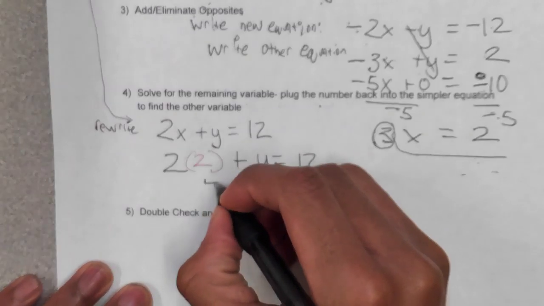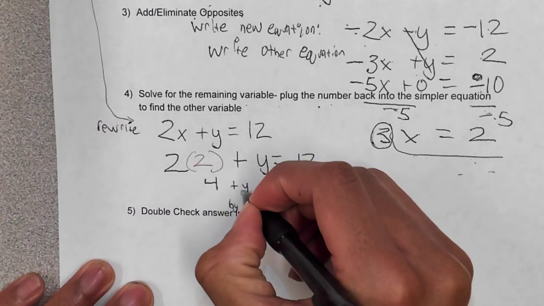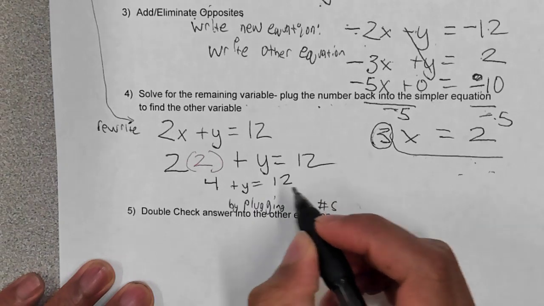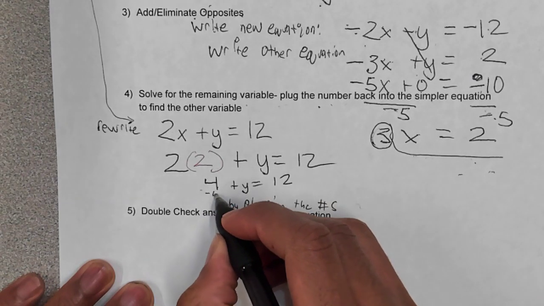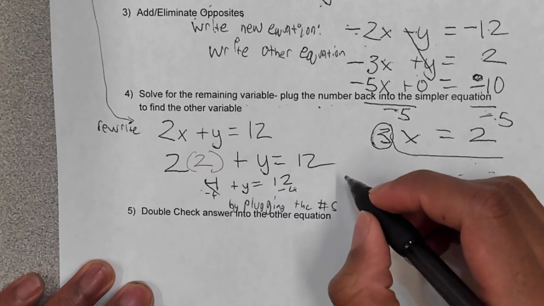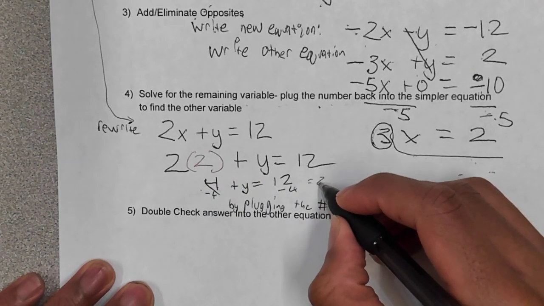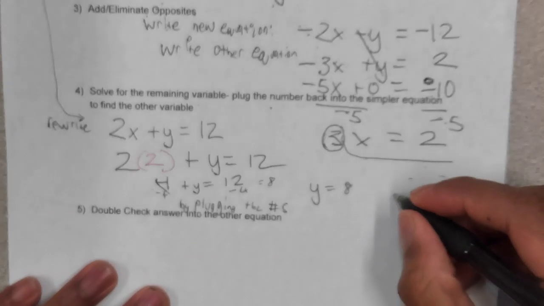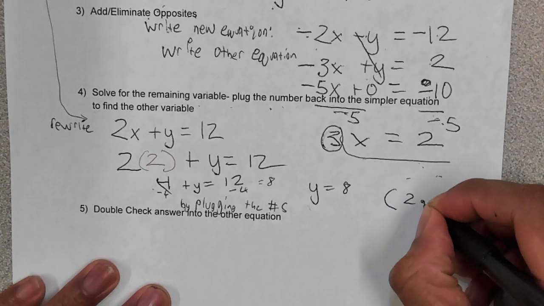So now it's 4 plus y equals 12. Of course, we're going to move over this 4, minus 4 on both sides. Let's cross it out. 12 minus 4 is 8. Y equals 8. So we can write it like coordinates 2, 8.